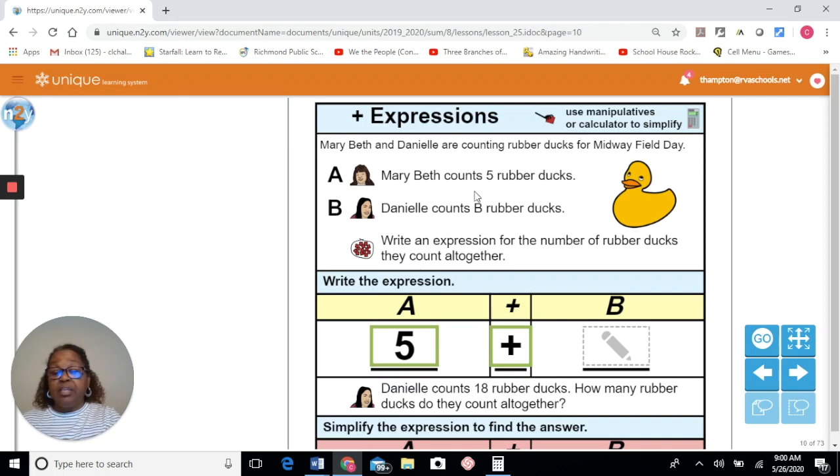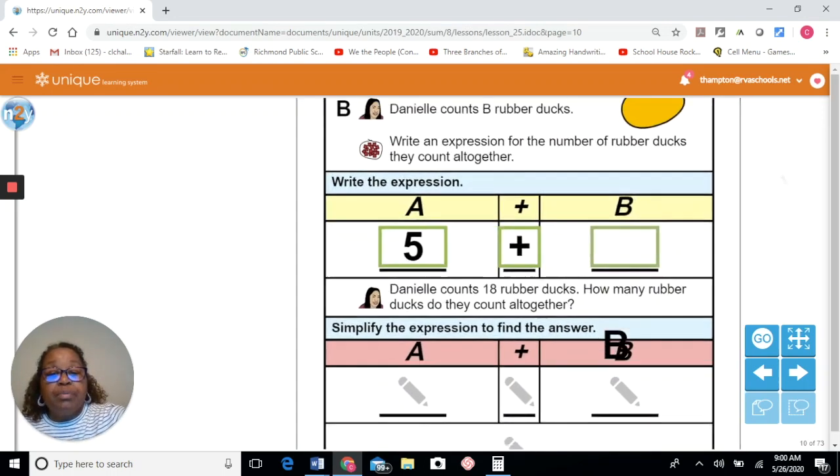For B, Danielle counts B ducks. We don't have a number for B yet. B is unknown. So let's put our unknown in there. Five plus B. We don't know what B is yet. So we leave that variable in.